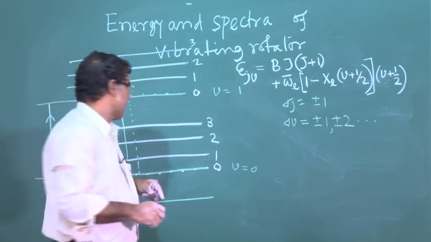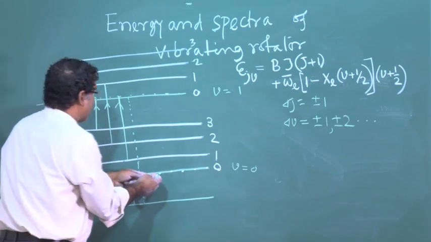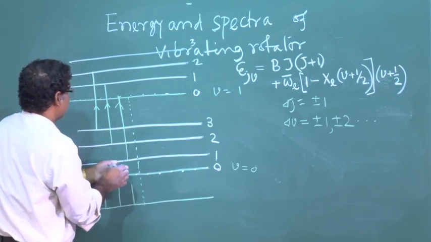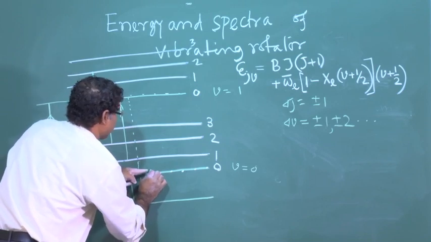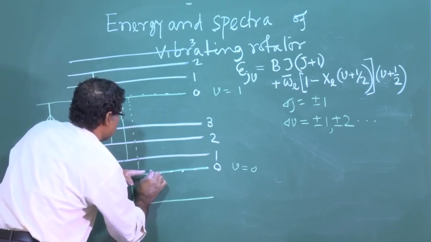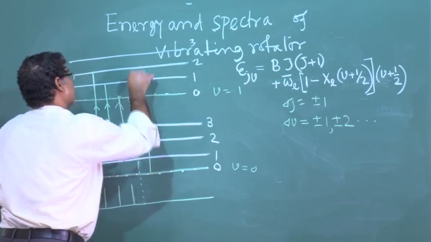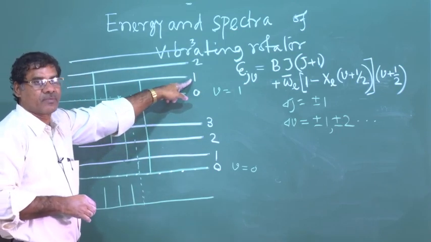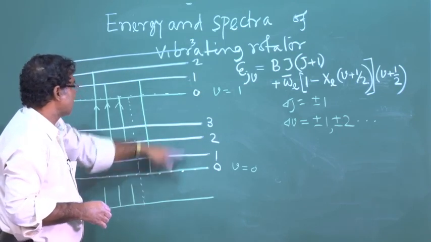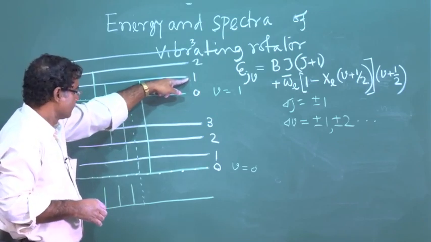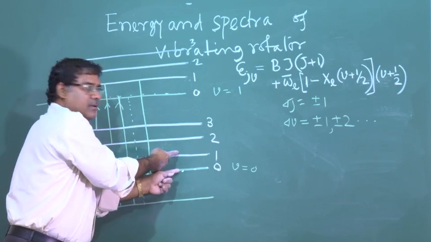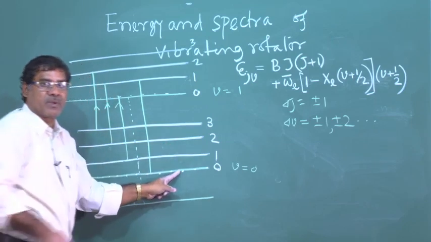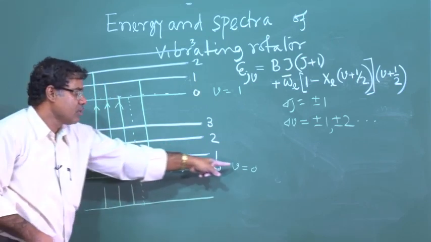Right. Similarly, for del j equal to plus 1, it starts from j equal to 0 to j equal to 1. Okay. So, this transition is not allowed, j equal to 0 to j equal to 1, because then del v will be 0.